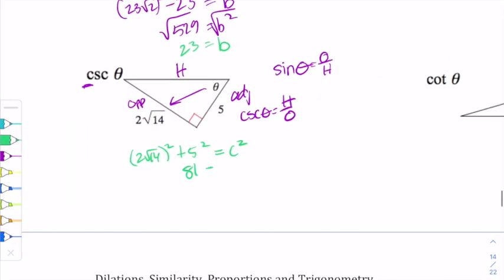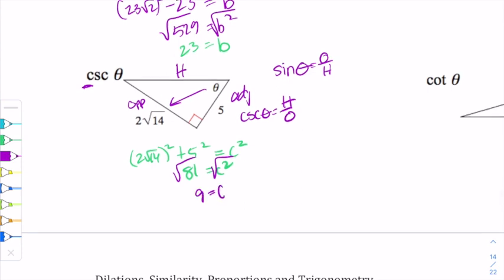So we've got 81 equals c squared. We take the square root. Again, we don't need plus or minus because we're talking about distances, and distances are positive. So now our c value is 9.